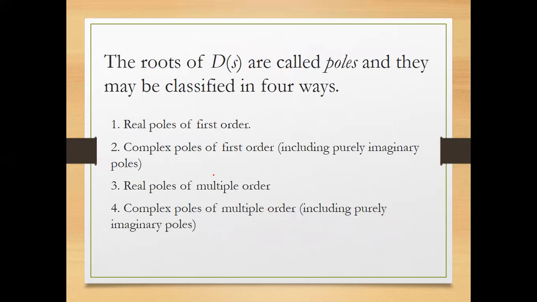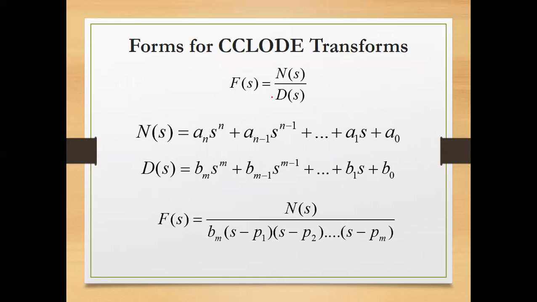Now, we need first, of course, to find the roots of the D of s. You see this D of s here, the denominator. You need to find its roots, or you need to write this D of s in the factored form, whether consisting of linear factors or quadratic factors. In that case, you could see that the factors are written here.